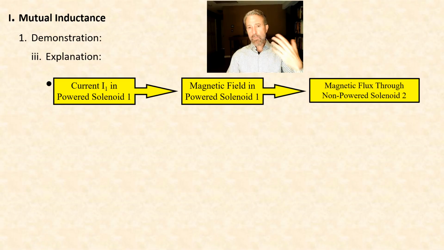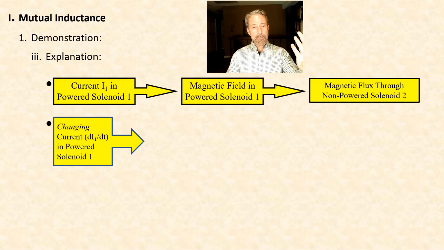So, given what we see in this flow chart here involving these two solenoids, we want to now take a look at what happens when we take the time rate of change of these quantities. So starting here with the current, we say I1 in the powered solenoid.